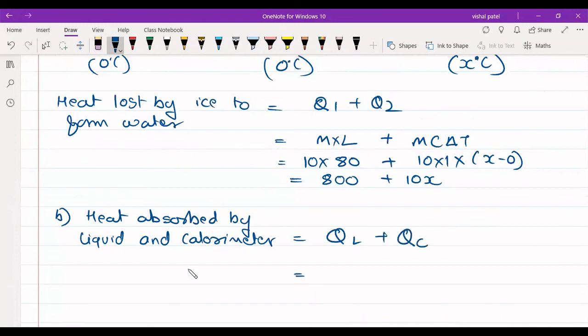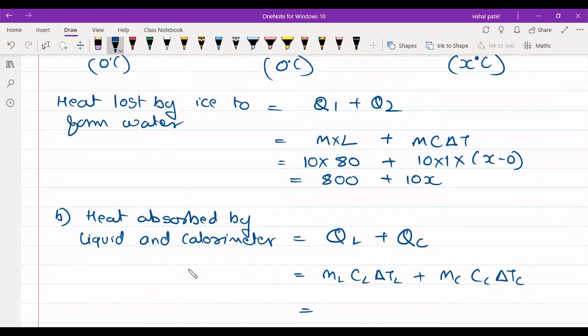Students, I'm using L for liquid and C for calorimeter. So: M_L C_L delta T_L plus M_C C_C delta T_C.